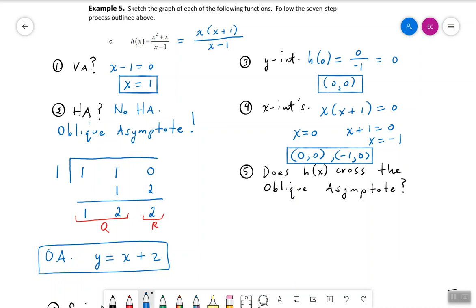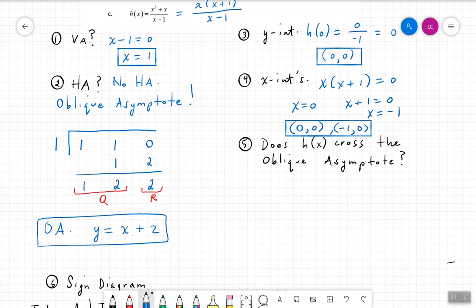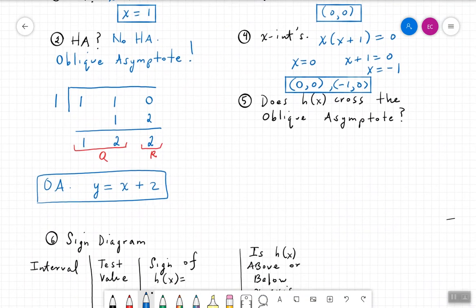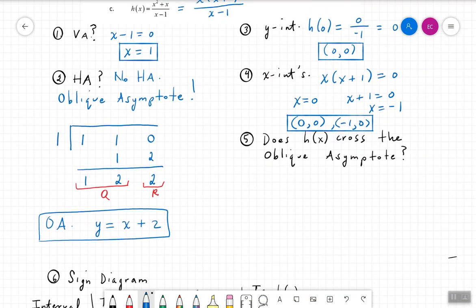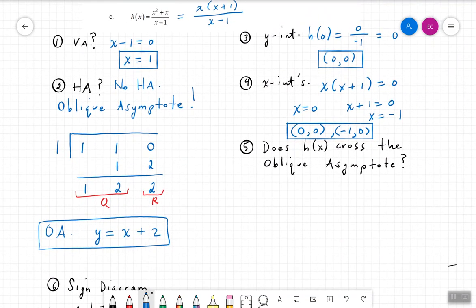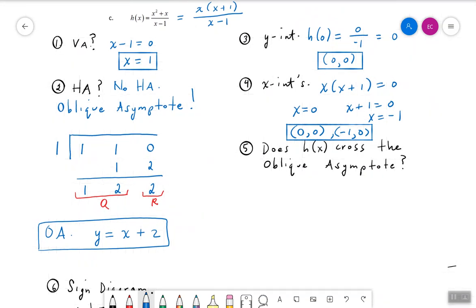Okay, we want to know if h of x crosses the oblique asymptote. And so in order to do that, we're going to take the function and set it equal to the oblique asymptote. So the function is x squared plus x over x minus 1.